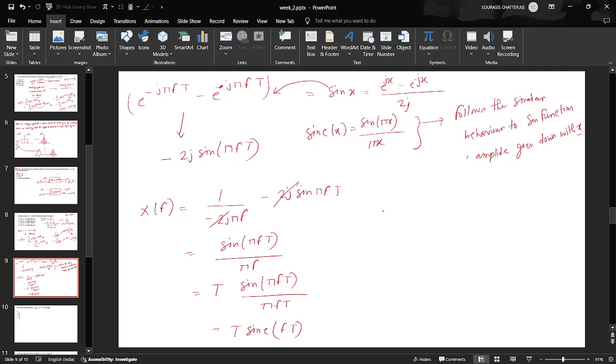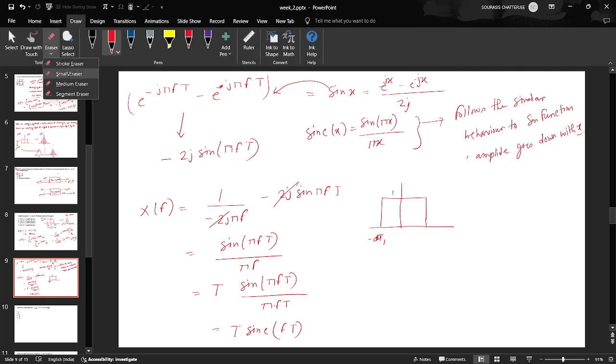So we have a pulse signal in the time domain from minus T by 2 to T by 2, and we have the corresponding Fourier transform as a sinc function, T sinc(fT).